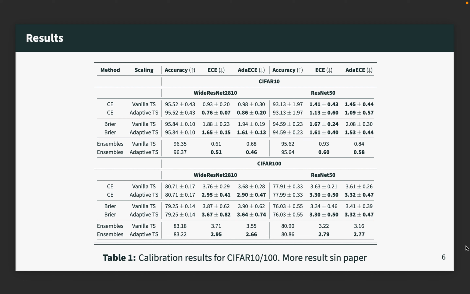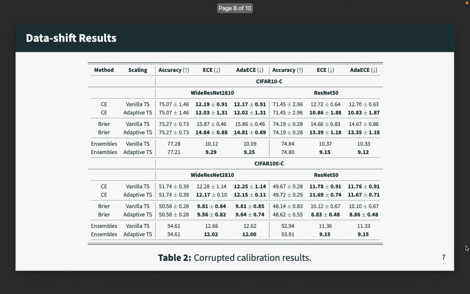We tested our model on multiple objectives, so you have training using a standard cross-entropy loss, the Brier loss, and then deep ensembles. Furthermore, we also observed that our model performs well under dataset shift, where we test against the popular CIFAR10 and CIFAR100 corrupted calibration experiments.